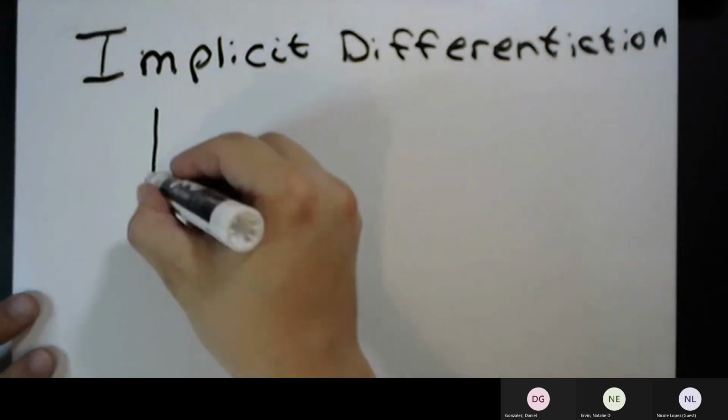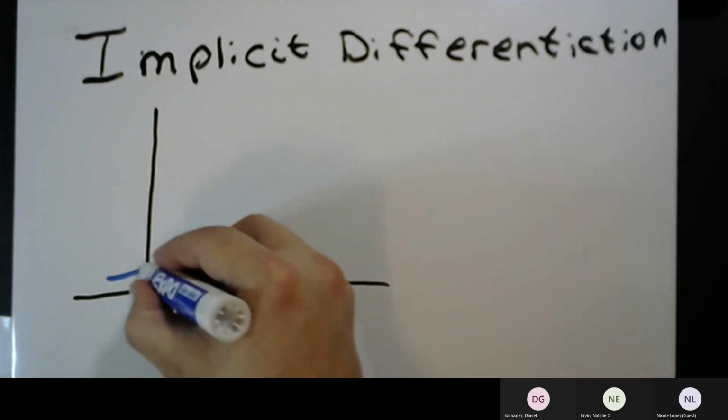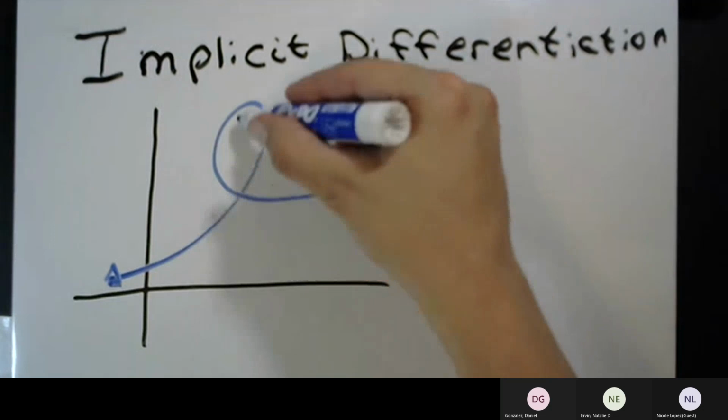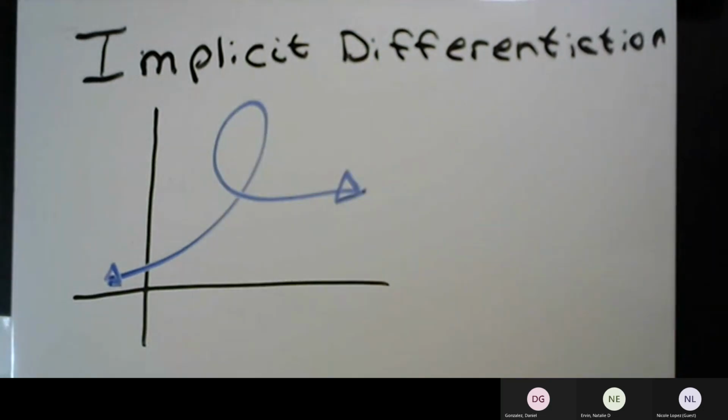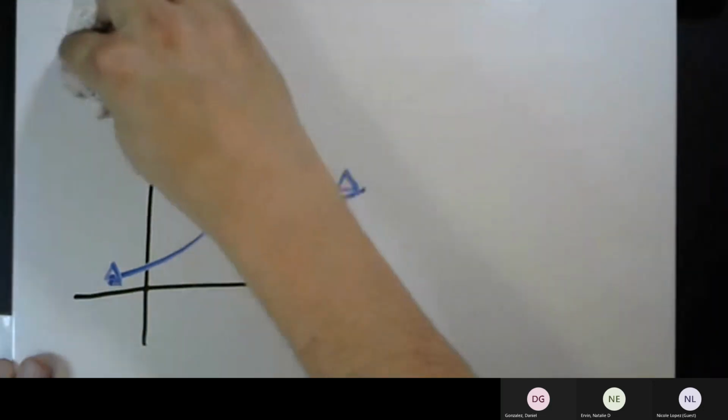Like you want to find the derivative of a function that looks something like this. Or a relation is what this would be because it fails the vertical line test. So how do we take the derivative of something like this? And a good example would be like taking the derivative of a circle. So how are we going to do this?